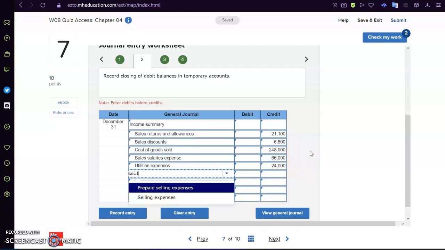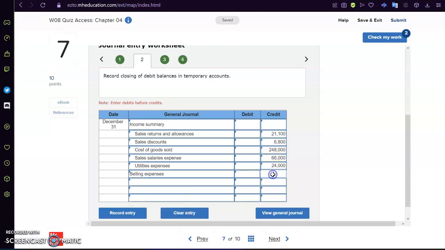We have our selling expenses, which is 45,000. And lastly, we have our administrative expenses, which is, in this case, 123.